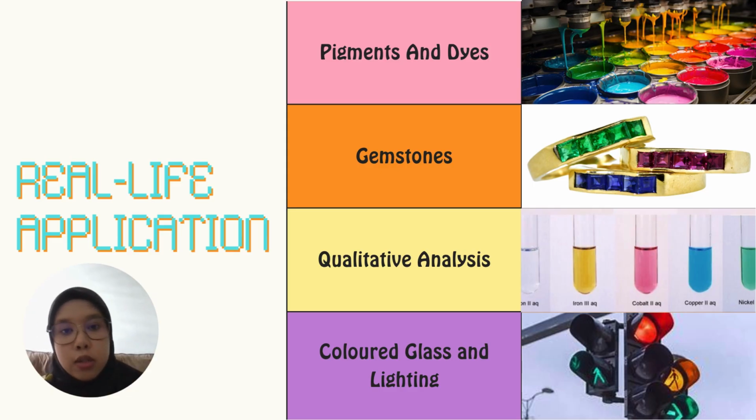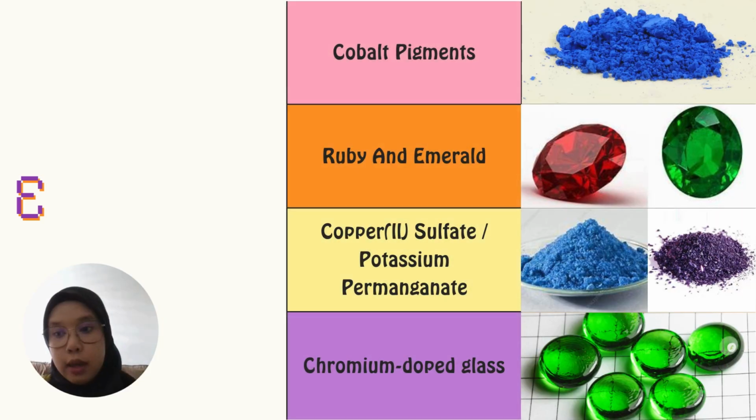Other than that, we can also see color in the gemstones or jewelry that we always wear. Also, if you like science, you should know that there is also color when you are doing an experiment. And for the last one, it is really common in our country and in other countries too, which is colored glass and lighting, which can be found at the traffic light.